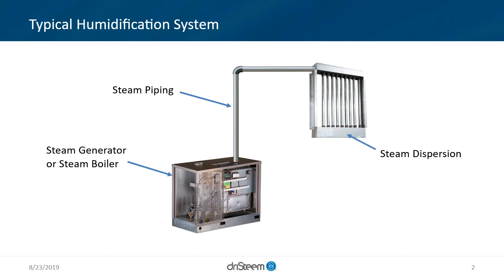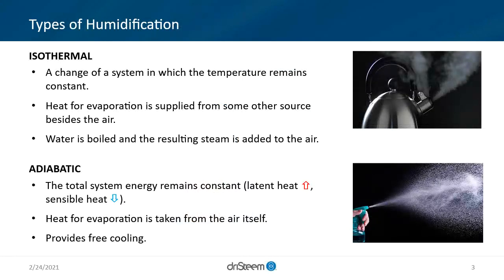I assume most of you are familiar with steam generators, but as we talk about different types of humidification, it really breaks down into two categories. The first one is isothermal, which is that typical steam generator type system, where you're using an energy source to heat that water to then evaporate it into the air.